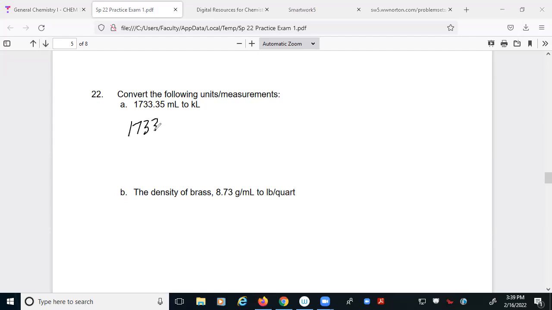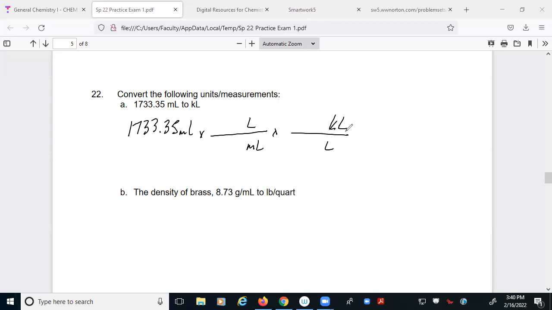So we know we need to go from milliliters to liters, and from liters to kiloliters. Now, if you knew the conversion directly, you could do it. It's 1 to a million.